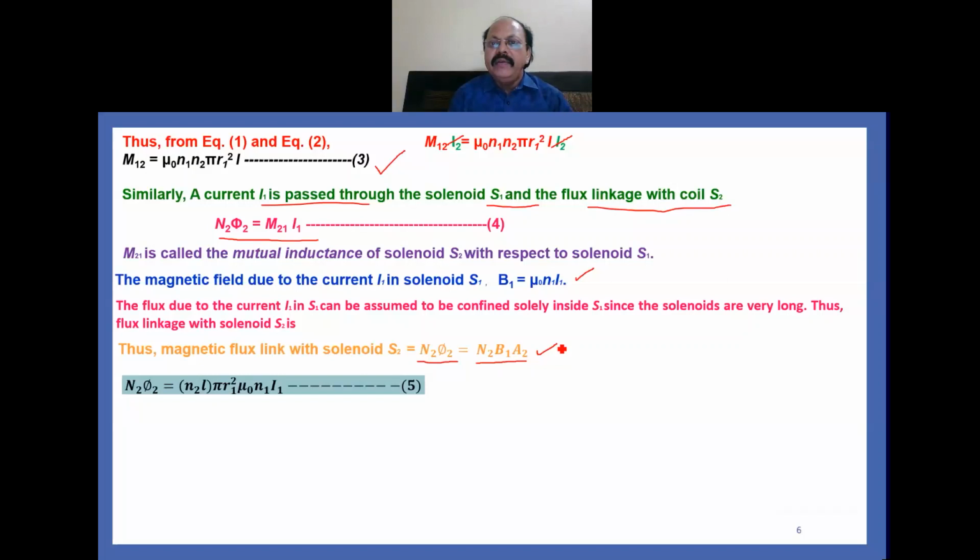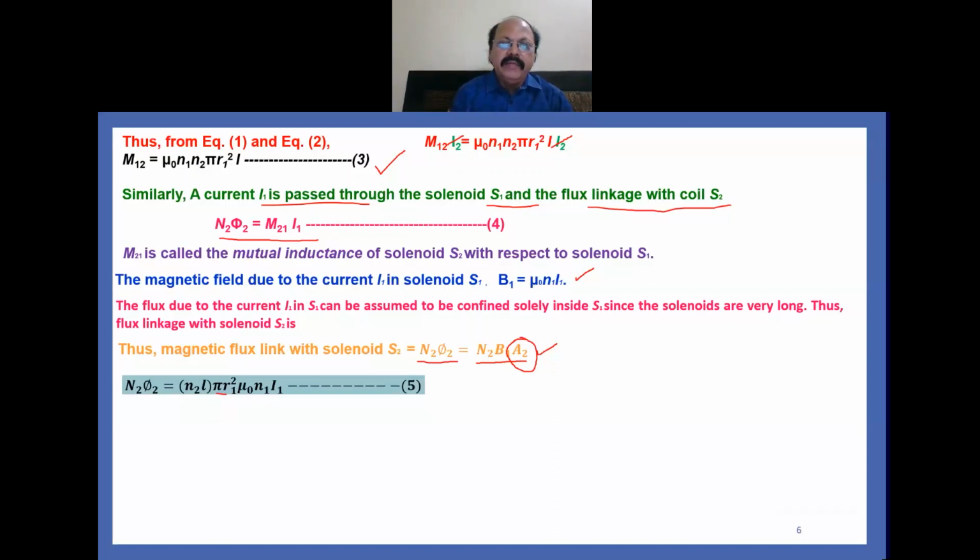So that's why we have to write in place of this A2, that is pi R1 square, because the area of the solenoid S2 is equal to the area of cross section of solenoid S1, because the magnetic flux due to the current I1 in S1 is only confined in the solenoid S1.